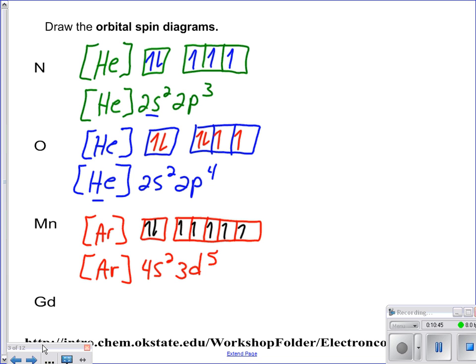So what is your most recent noble gas for number 64? Xenon, number 54. So you're going to go to 54, xenon. Then after 54, you have to go to number 55, right? So what are you going to call this? 6s2, that takes care of these two guys. Then after number 56, where are you going to go?